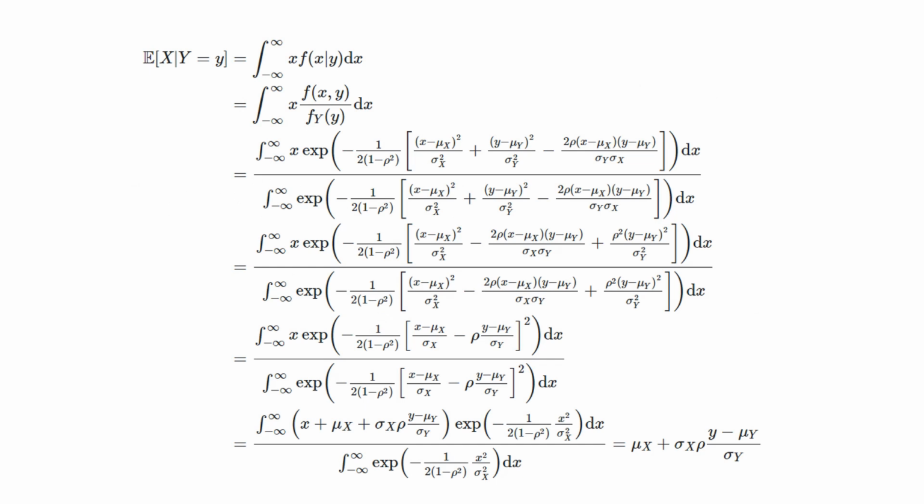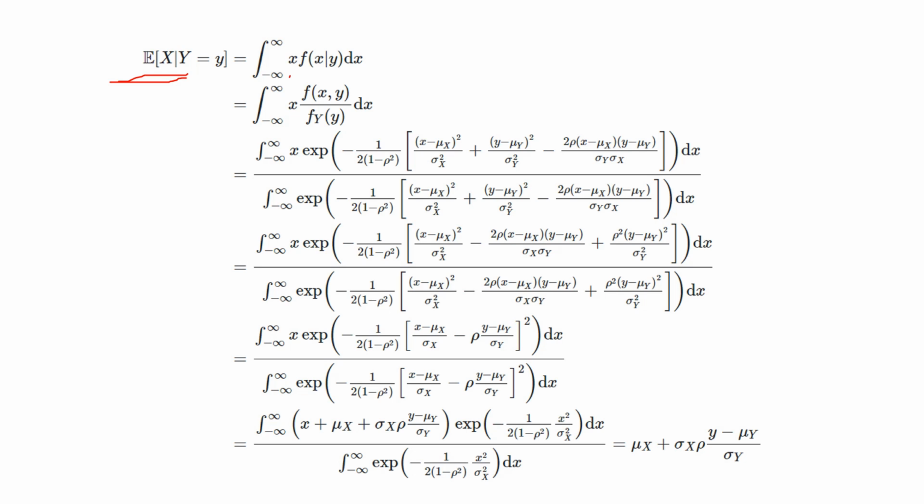Now I'm not going to cover this derivation in great detail, but just give you an idea of where this equation comes from. We have the expected value of x given y equal to some value y. We can write this using the definition of expectation as the integral from minus infinity to infinity of x times f of x given y dx.